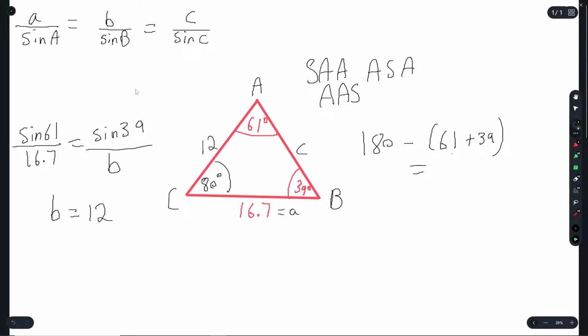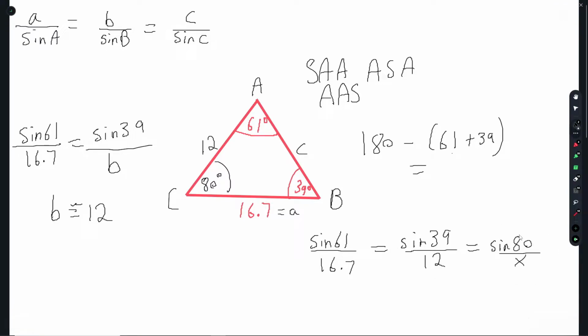Then we can do the same thing with c, where we can write sine of 61 over 16.7, or we can write sine 39 over 12. This will be around 12, we'll just assume it's 12, equal to sine of 80 over x. If we do any of these, this equal this, or this equal this, I have to do it on the calculator first.